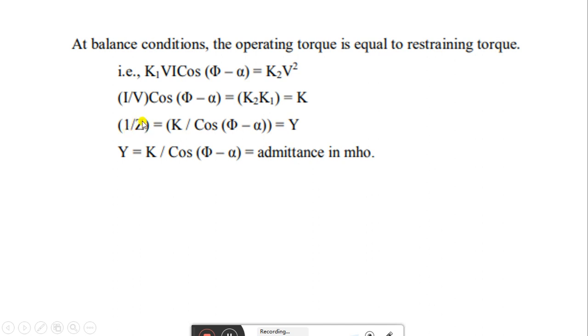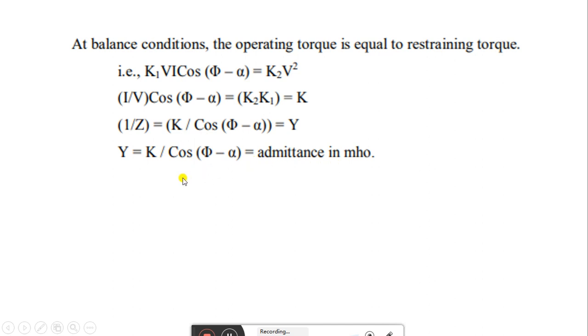Because here we have written 1 by Z, and 1 by Z is nothing but the admittance Y, and the same thing we have to find out, because this is called the admittance relay or mho relay. So what is the value of Y? Y equals K upon cos(phi minus alpha). This is called the admittance in mho.